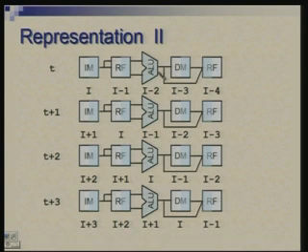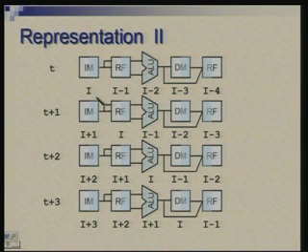So, here is the pipeline. In a sense we are keeping the pipeline stationary, and we are trying to see how instructions move through it. So, at time t, these are the instructions filled in the pipeline in different stages.